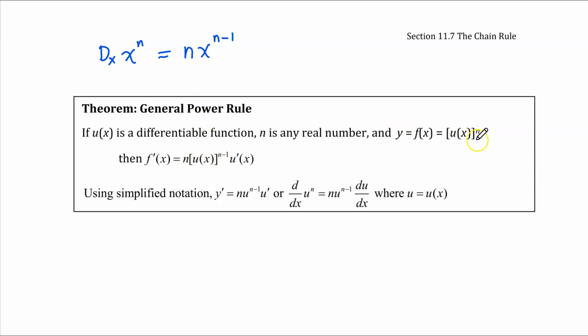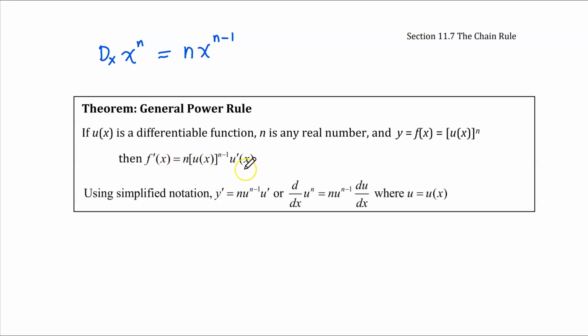So you bring down the exponent here, so you have n, and then copy the base, u of x, and then subtract 1 from the exponent, times the derivative of the function here.